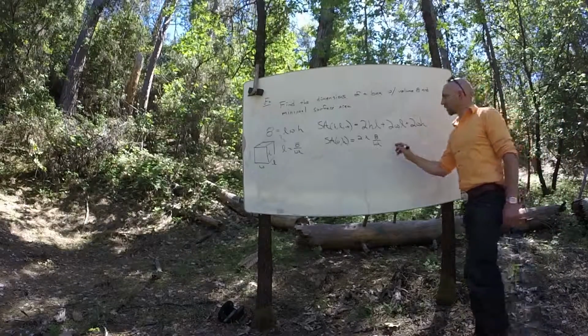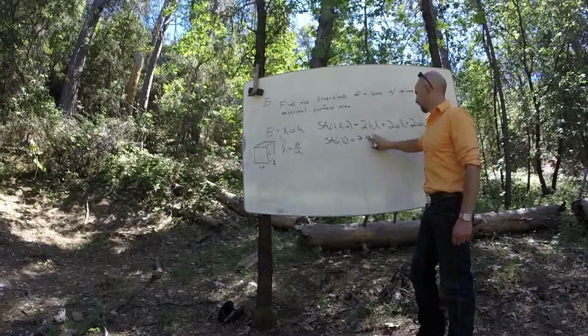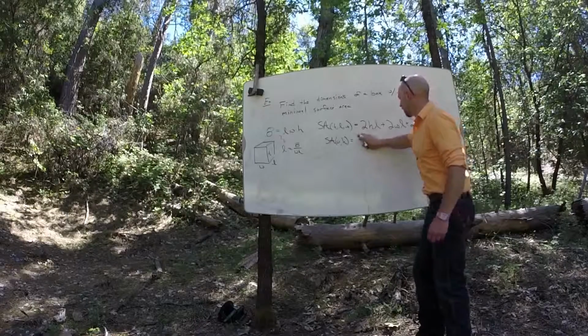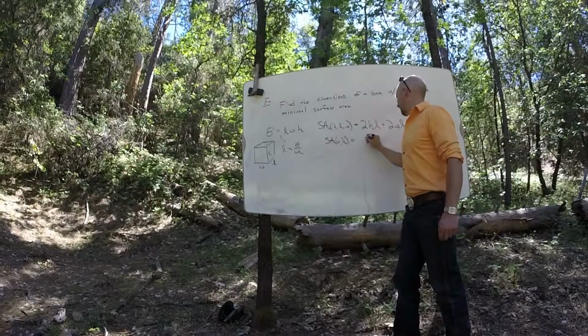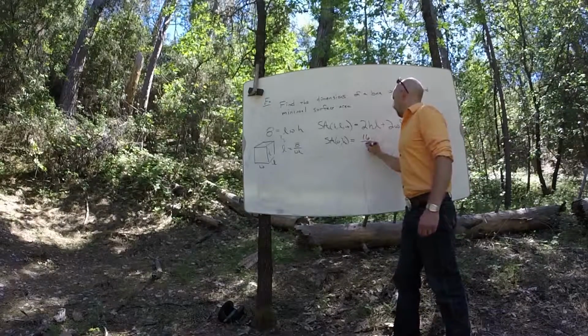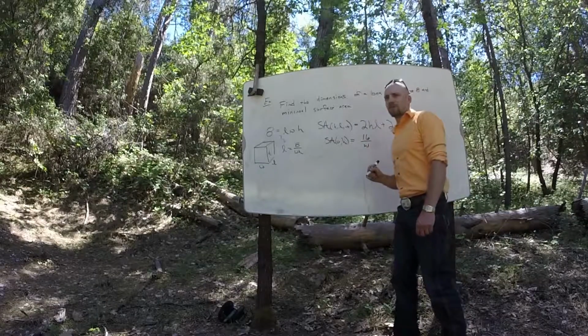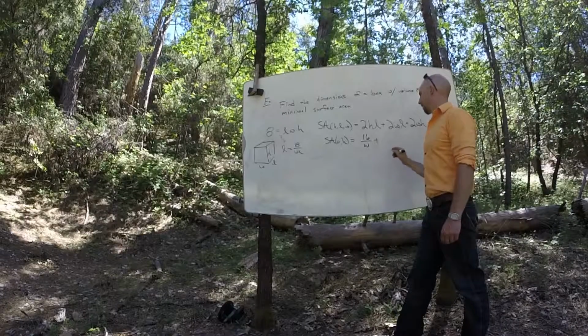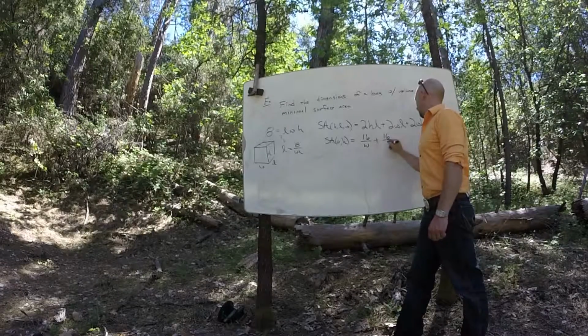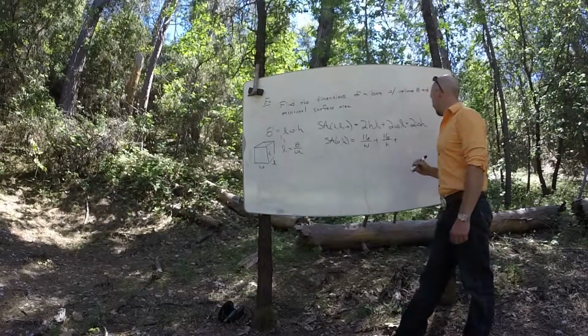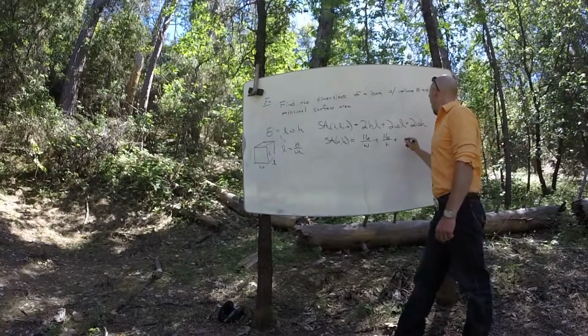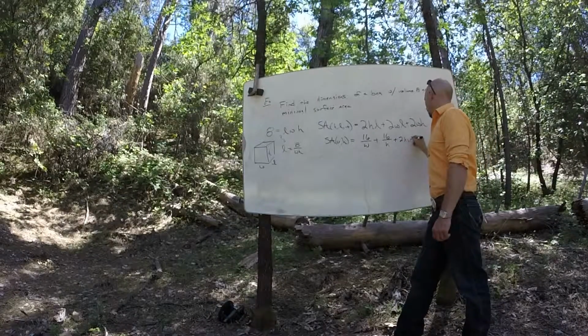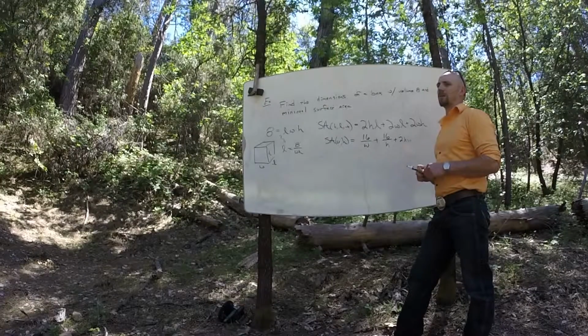Okay, that cancels some H's, so that's 16 over W. Then there's plus 16 over H plus 2HW. Okay, now what?